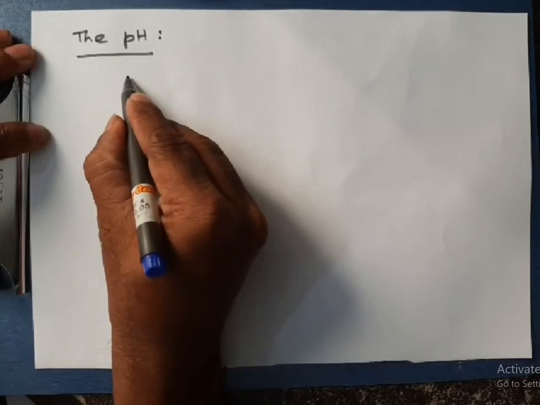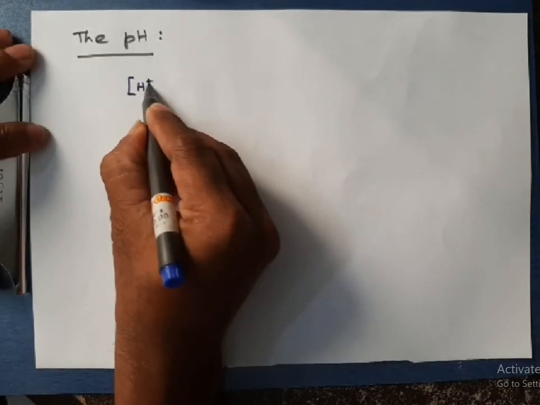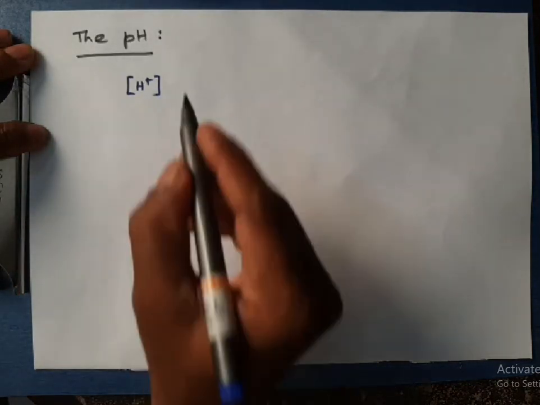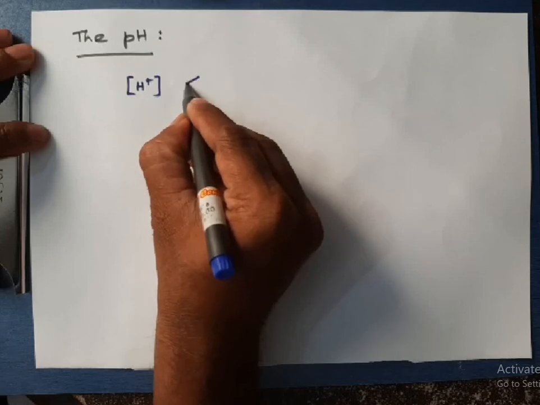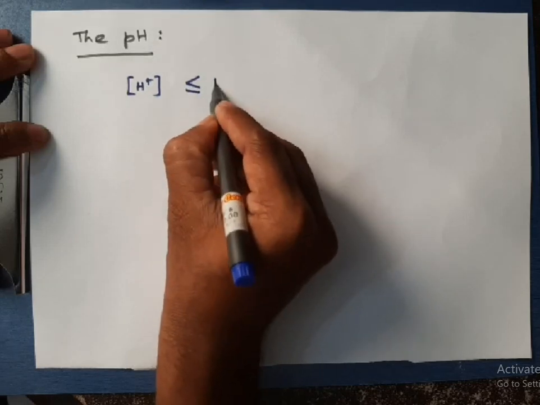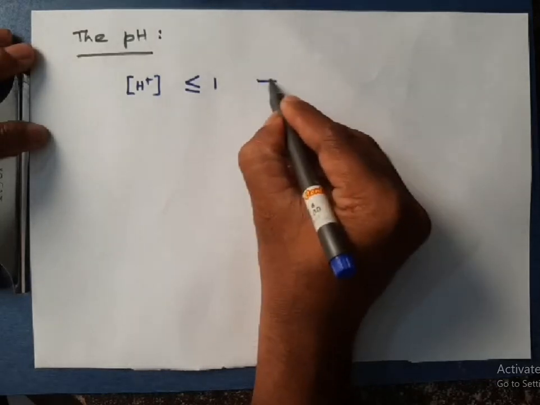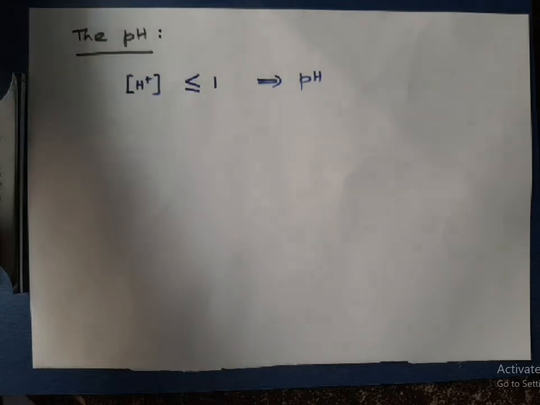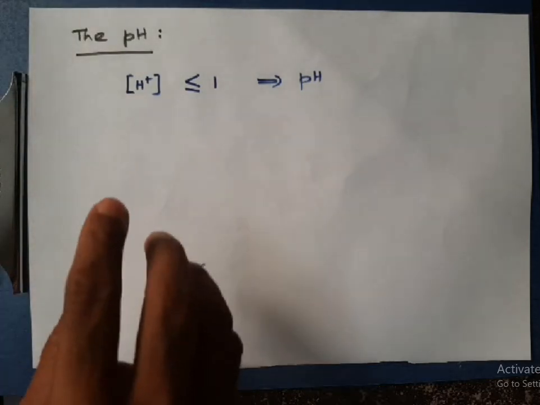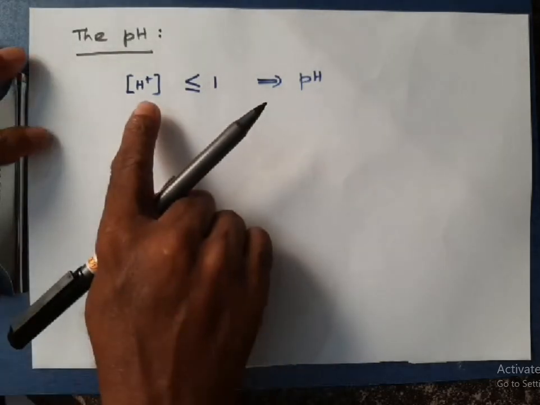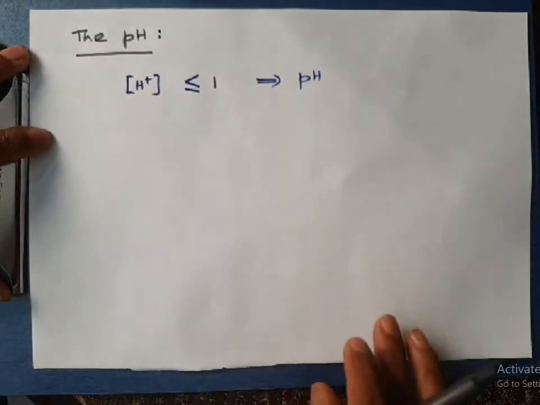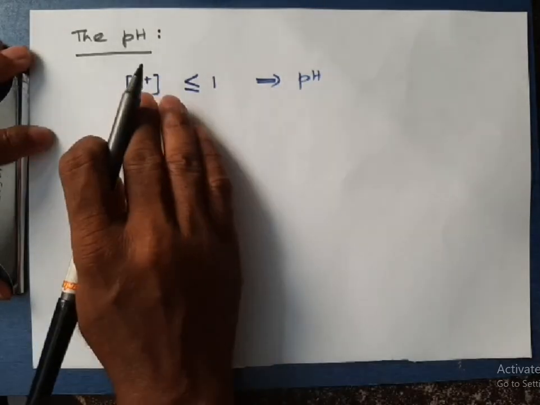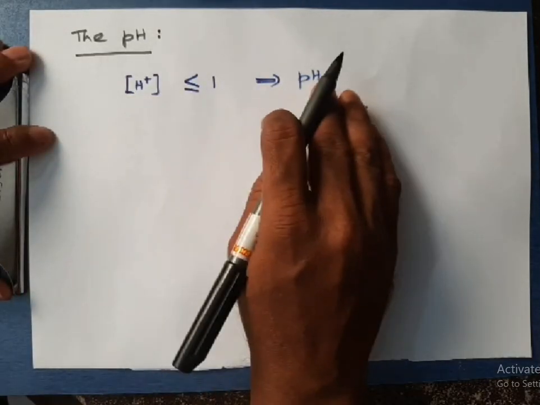Remember, whenever the H plus ion molar concentration is less than or equal to 1, only then do we use the concept of pH. So pH is applicable only when the solution contains H plus ion concentration less than 1. That means very low concentration. Only in low concentration do we use the idea of pH.